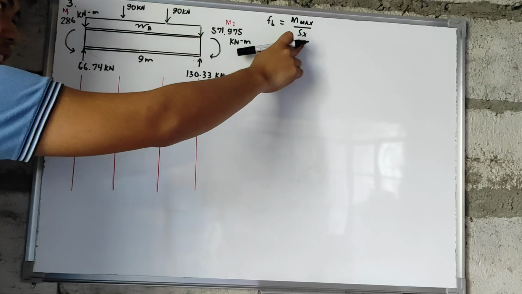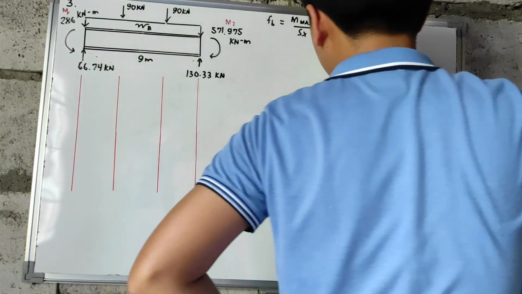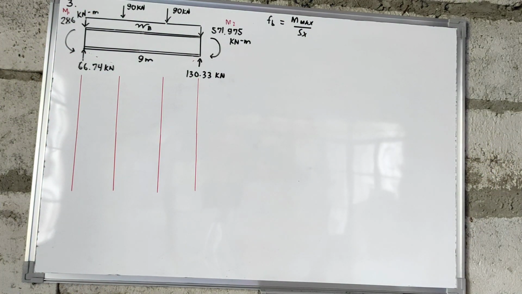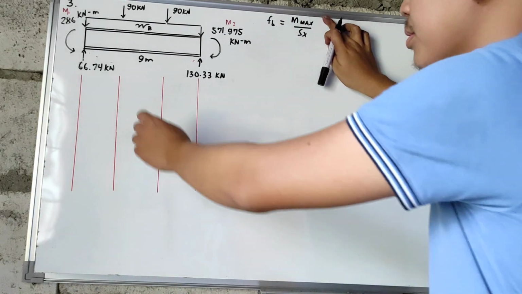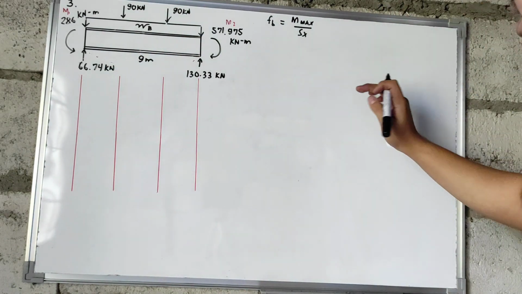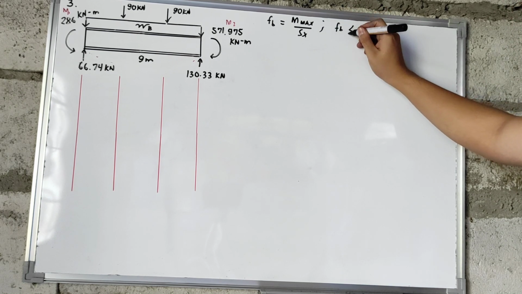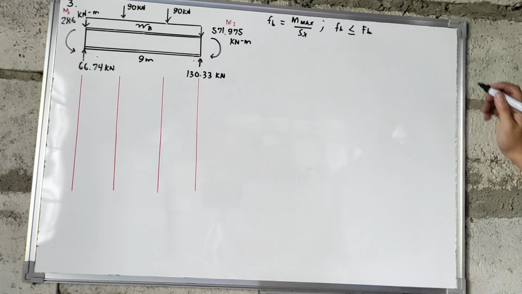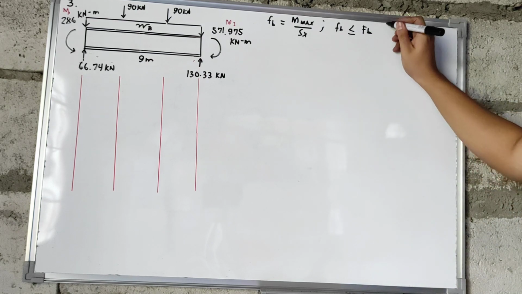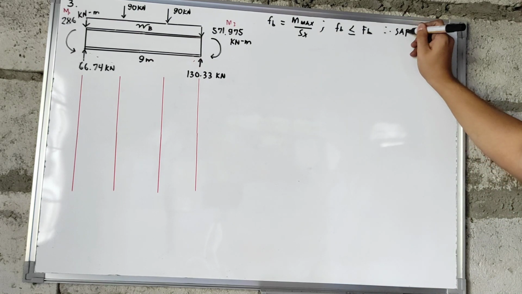Given na yung S sub x natin, which is nandun sa properties ng section natin, yung M max natin, makukuha natin siya due to the loadings. Tapos, i-compare natin yung actual natin sa allowable natin. Kapag nag-less than siya or equal sa allowable, therefore, safe yung beam natin.